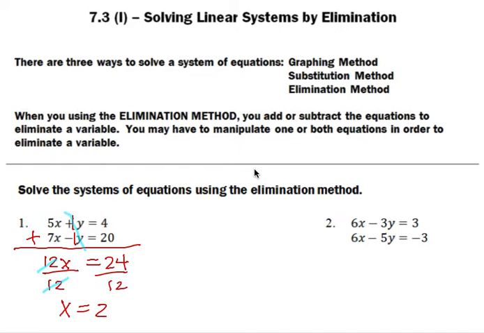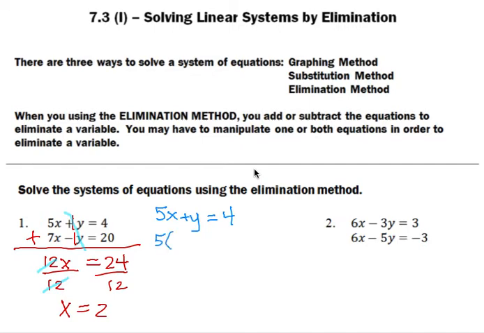To find the y part, we're going to take this 2 and substitute it back into one of the two original equations in place of x. It doesn't matter which one you use. So if I choose the top equation, which was 5x plus y equals 4, I now know that x is 2.